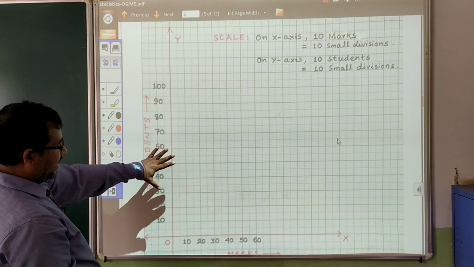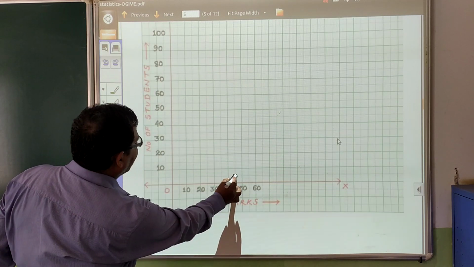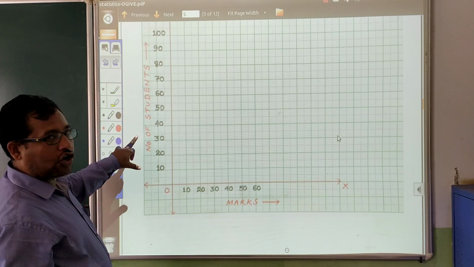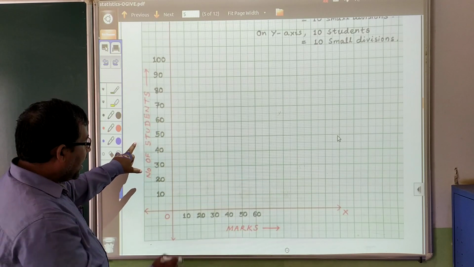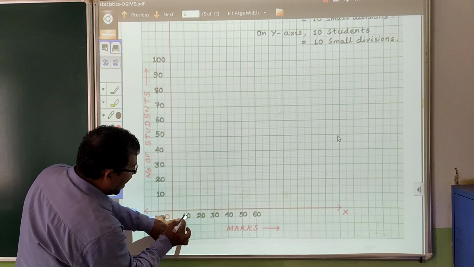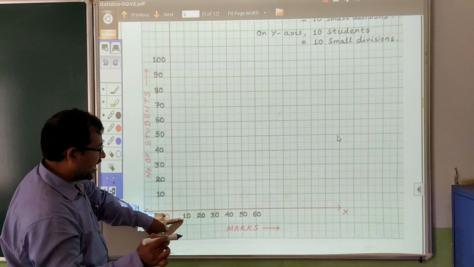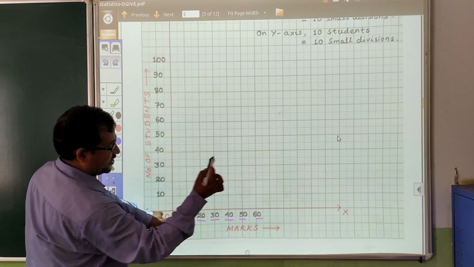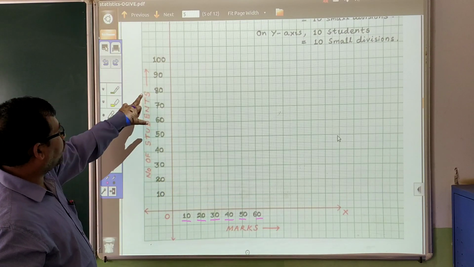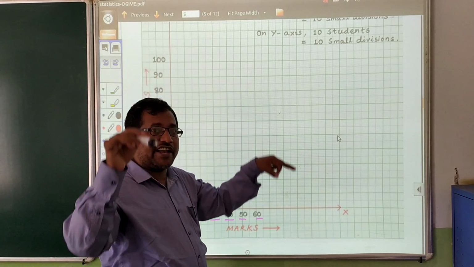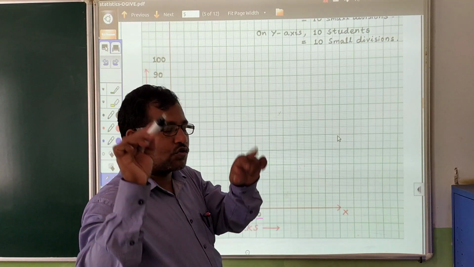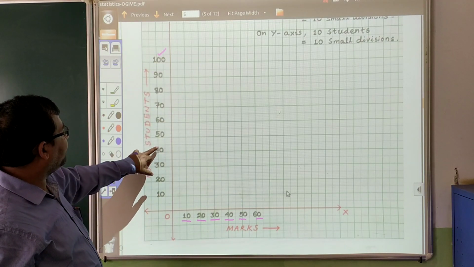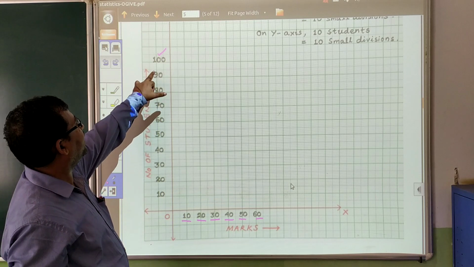I have already taken marks on x-axis, number of students on y-axis, and here I have marked the upper limits of the classes 10, 20, 30, 40, 50, 60, and here the number of students. Have you remembered what is the highest number of students? Total number of students is 100. That's why I have to take 10, 20, 30, 40, 50, 60, 70, 80, 90 and 100.